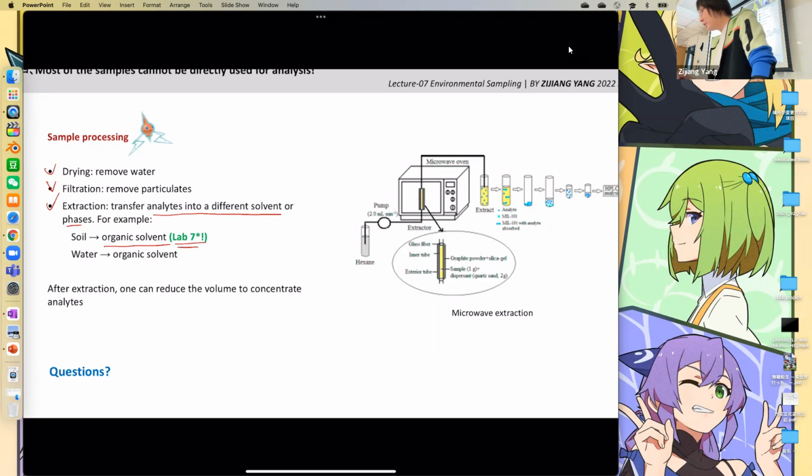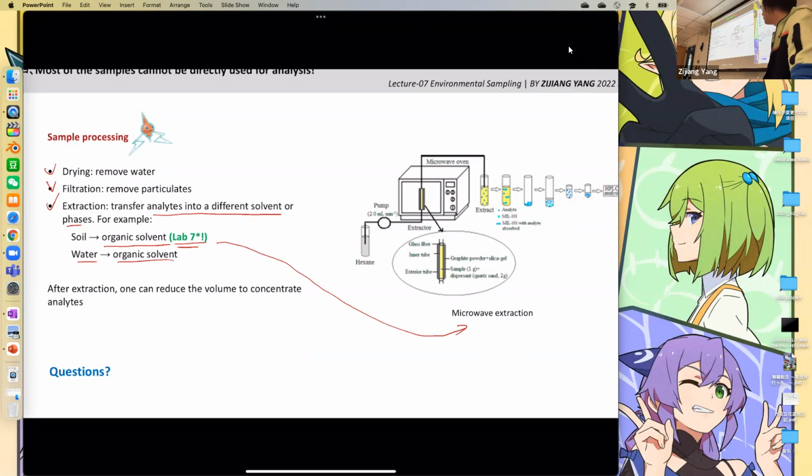And I think we are going to do this in lab number 7, the organic chemistry lab, and we are going to use the soil that we collected yesterday. For the water sample, we may also use organic solvents to do the extraction if we're interested in the organic pollutants in the water sample. In lab 7, we are going to use this microwave extraction method.